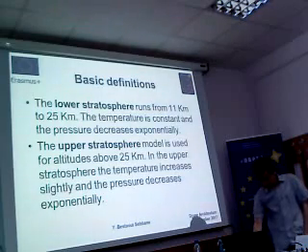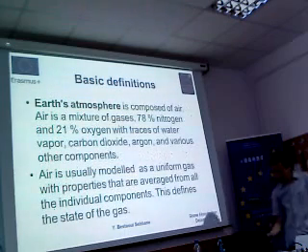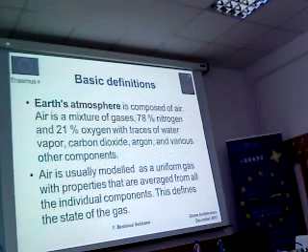Okay, so I'll just talk about this one. The Earth's atmosphere is composed of air, and air is a mixture of gases. We have 78% nitrogen and 21% oxygen, and the others are water vapor, carbon dioxide, etc. The air is usually treated as a uniform gas with properties averaged from all the individual components.